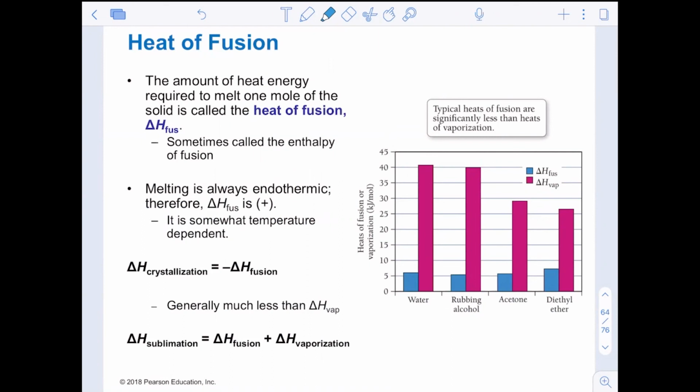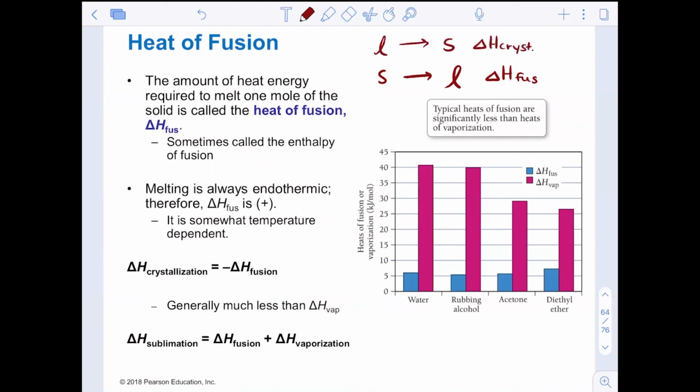This is the amount of energy required to melt 1 mole of a solid. So again, looking at solid to liquid, that delta H is called fusion. The opposite, going from a liquid to a solid, is called delta H of crystallization.